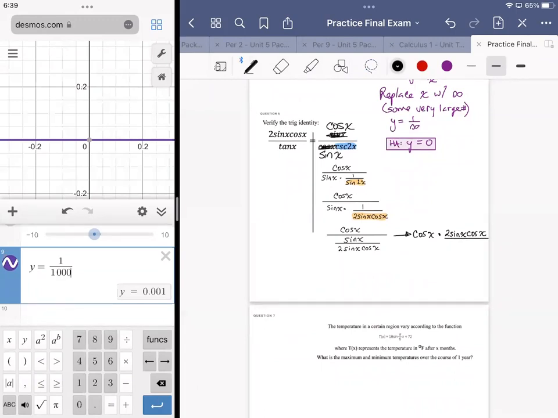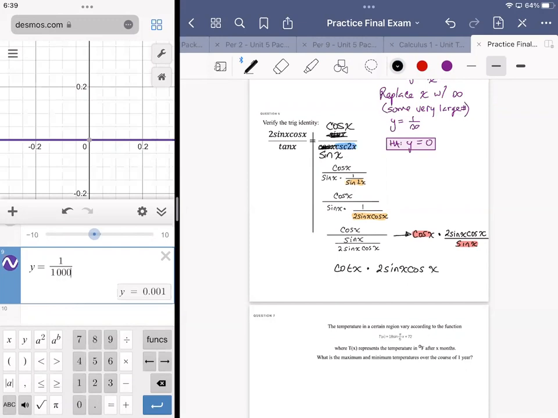over sine. That cosine over sine, that's cotangent. So we have cotangent x times 2 sine x cosine x.